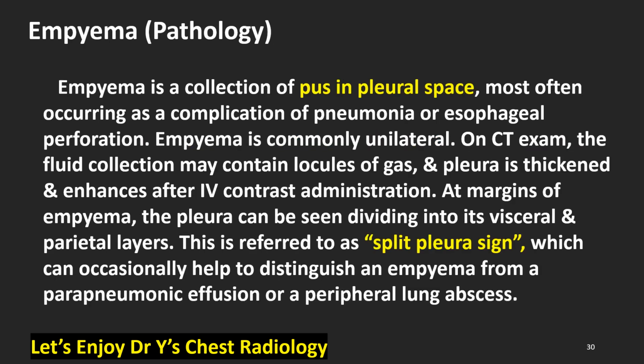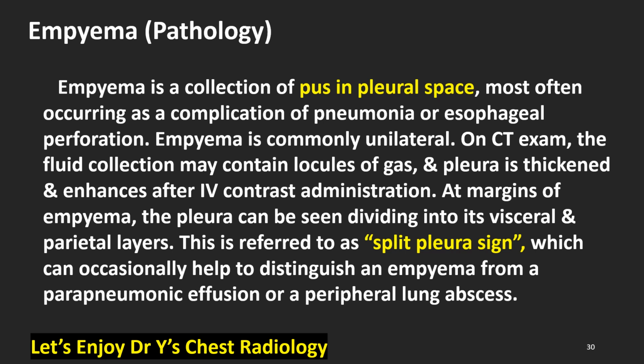Empyema pathology. Empyema is a collection of pus in the pleural space, most often occurring as a complication of pneumonia or esophageal perforation. Empyema is commonly unilateral. On CT exam, the fluid collection may contain locules of gas, and the pleura is thickened and enhances after IV contrast administration.